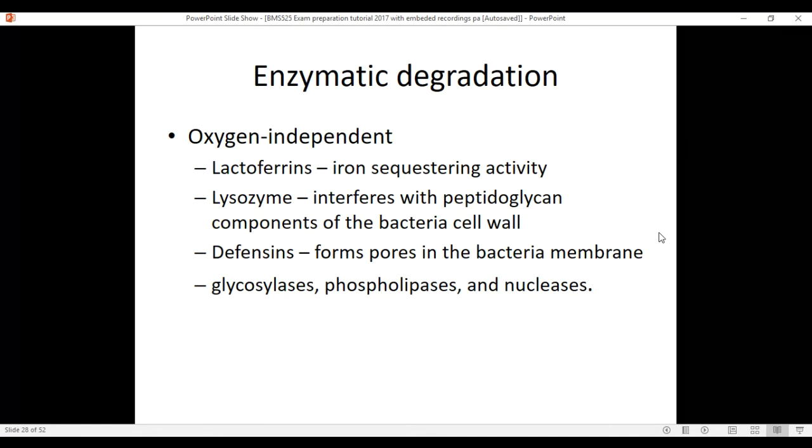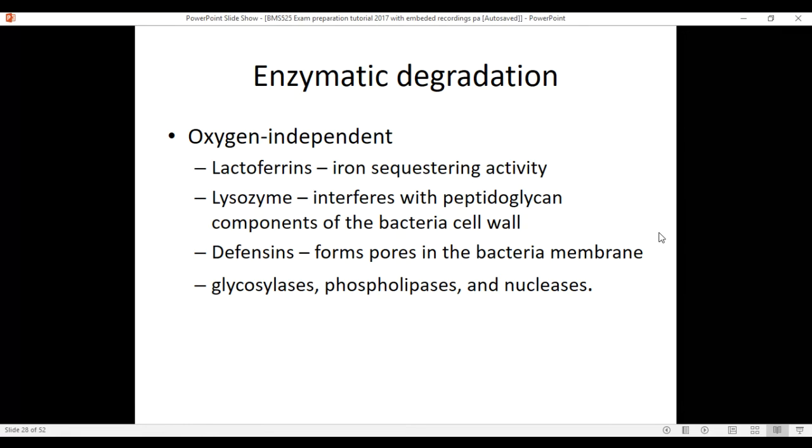You also get the release of lysozyme, which will degrade the peptidoglycan present in the bacterial cell wall, for instance. You'll have the release of defensins, which have the ability to form pores in the bacterial membrane.